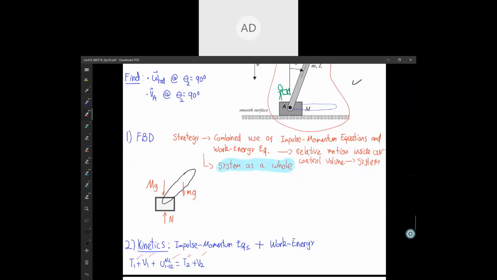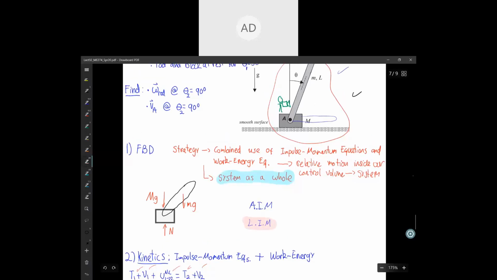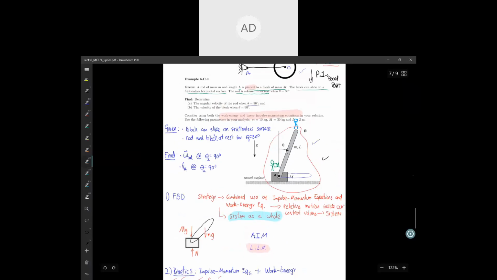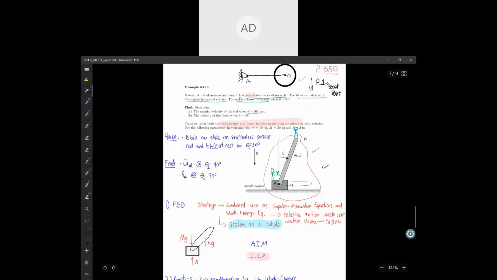But to solve the problem, we need to ask ourselves, why linear impulse or why angular impulse momentum? In this problem statement, we were told that for this problem, we need to use linear impulse momentum. Whereas for problem P1, it was angular impulse momentum.